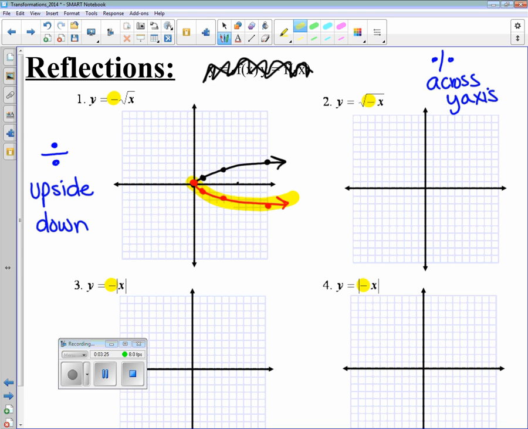If you want to use your calculator to see, if I put in negative square root of x, it's just going to give you that bottom half, the upside down. So try it. If you have anything in there, go ahead and try to graph the negative square root of x. Hopefully you'll see that's what you get. Just that bottom half of the graph.